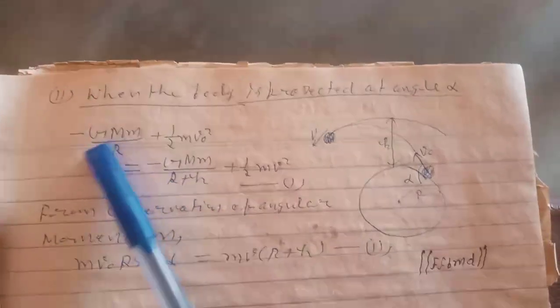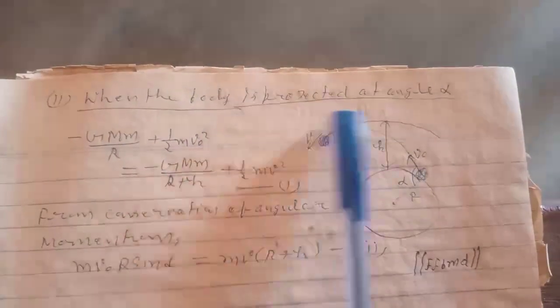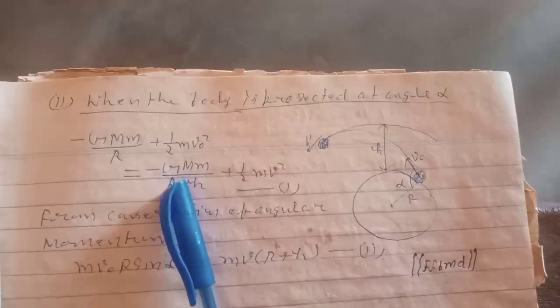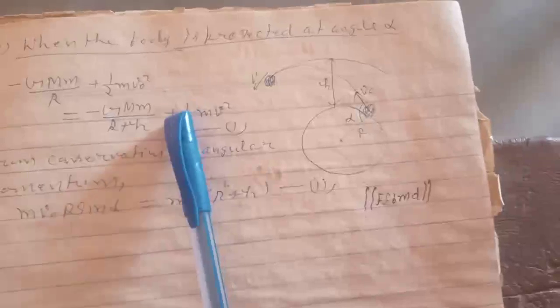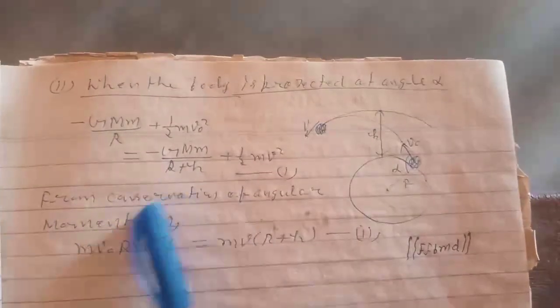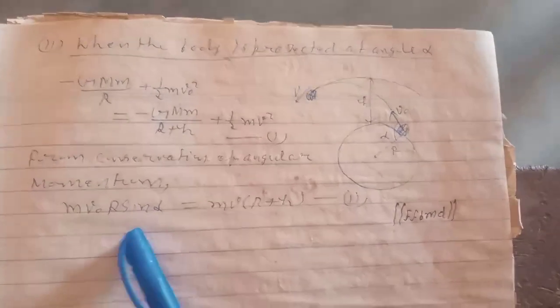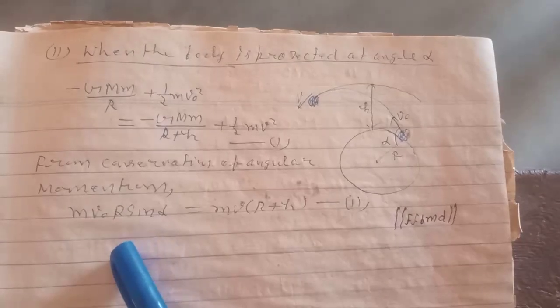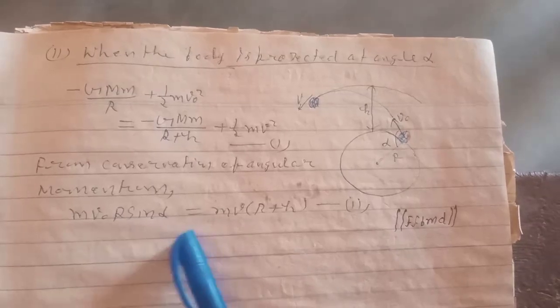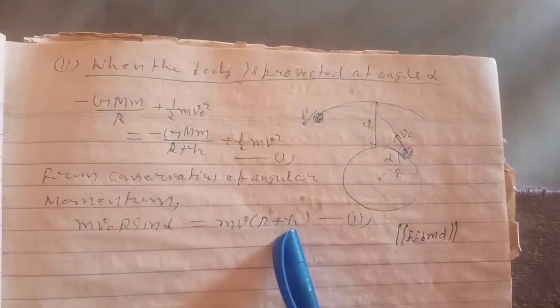When the body is projected at angle α and reaches height h, then −GMm/R + 1/2 mv₀² = −GMm/(R+h) + 1/2 mv². And from conservation of angular momentum, mv₀R sin α = mv(R+h).